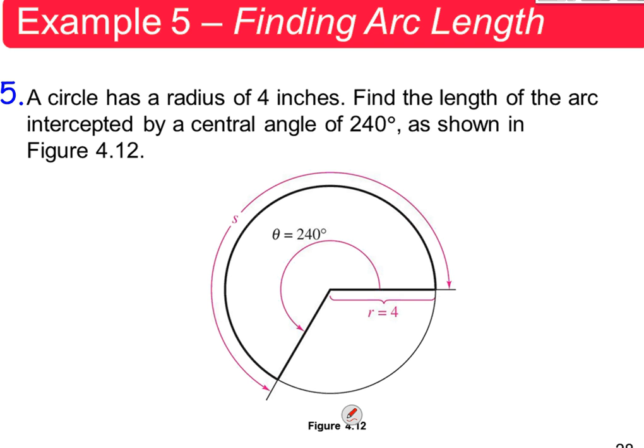A circle has a radius of 4 inches, and they have this huge picture here, which is wonderful. We want to find the length of the arc intercepted by the central angle of 240 degrees. We'll let you do that, and we'll do that problem tomorrow.